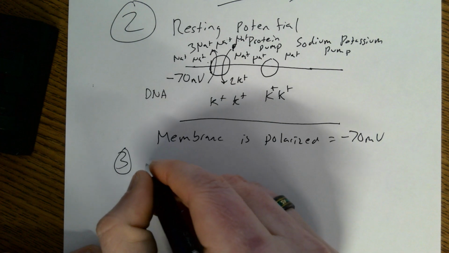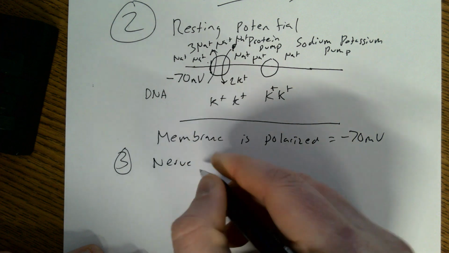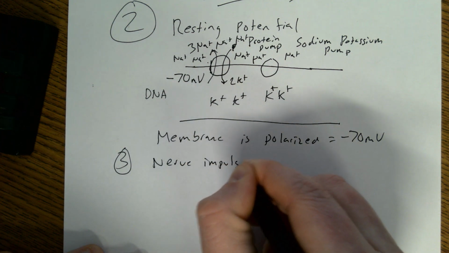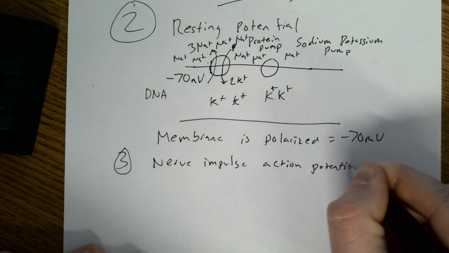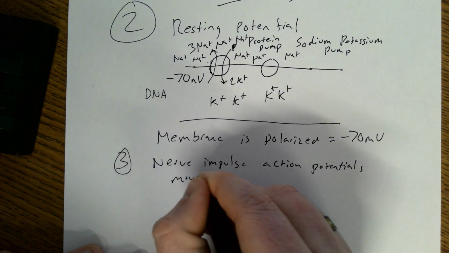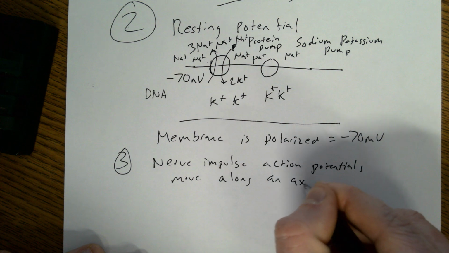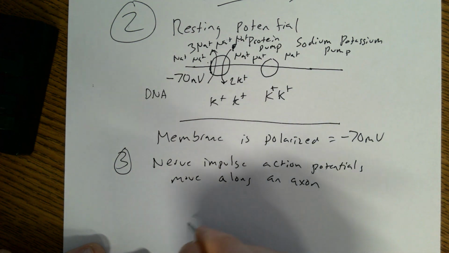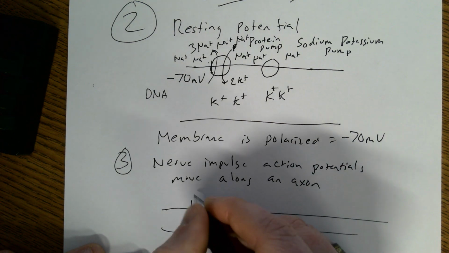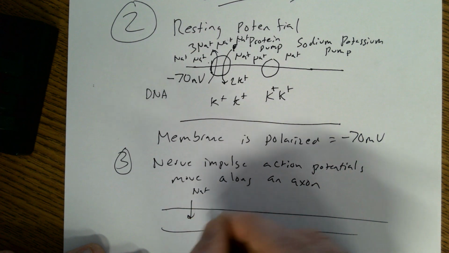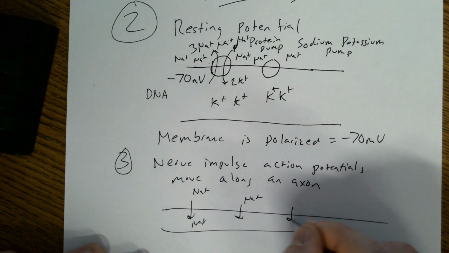Now, we start the action potential. Standard 3 is all about a nerve impulse. A nerve impulse is when action potentials move along an axon. You have your axon and you let in positive charges, and that will happen down the axon and it'll keep happening.